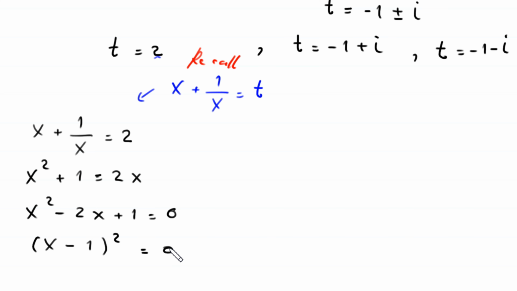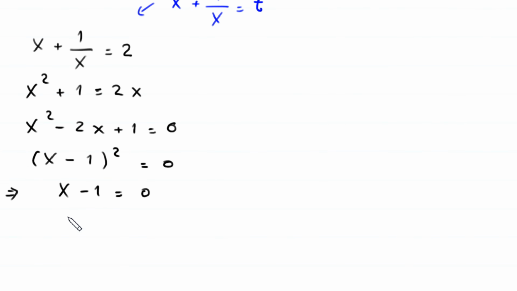And if we take the square root of both sides, this implies that x minus 1 is equal to 0. And from here we get the value of x is equal to 1. This is the first and second value of x. So for now we found two solutions.